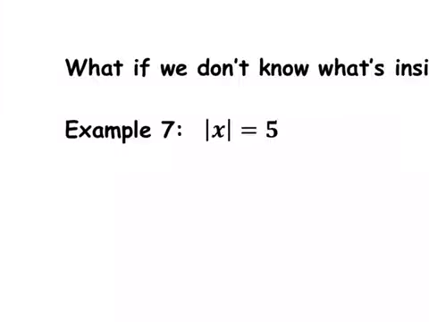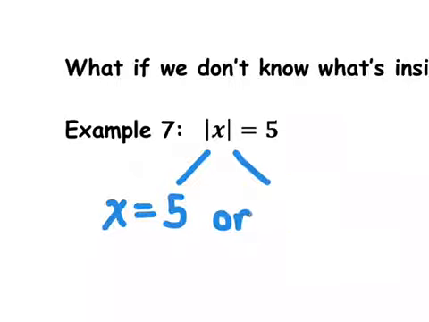Now as we start with example number 7 here, you're going to see that we don't know what's inside the absolute value bars, but we do know its absolute value. What that means in this case is we have two possibilities. I'm going to remove those absolute value bars, and I'm going to take that positive solution. If I plug in a 5, the absolute value of 5 obviously is 5.